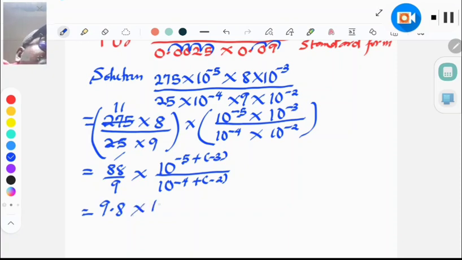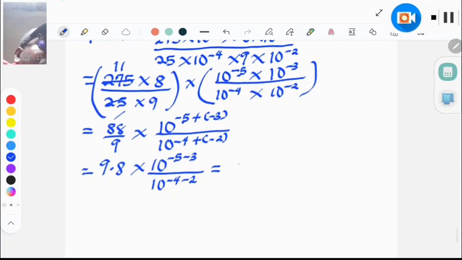So we have times 10 raised to the power of, this plus times minus is going to give us minus. So this is the same as negative 5, negative 3 over 10 raised to the power negative 4, negative 2. So we can say this is the same as 9.8 times 10 raised to the power of negative 5, negative 3.